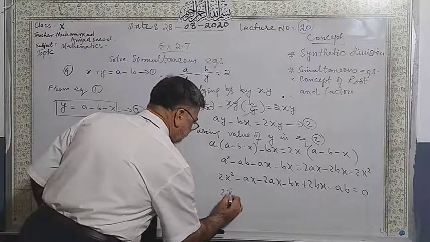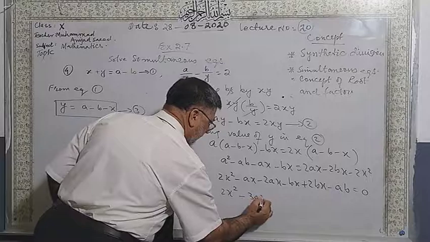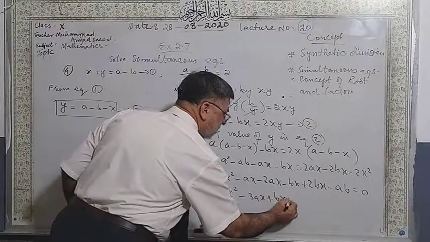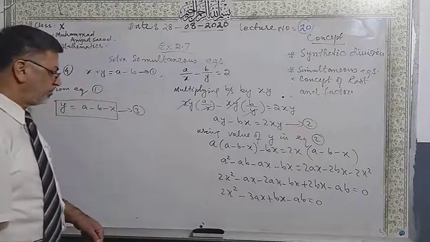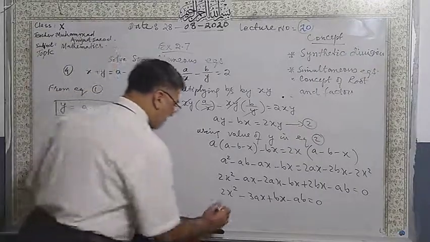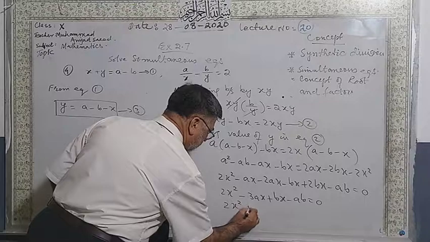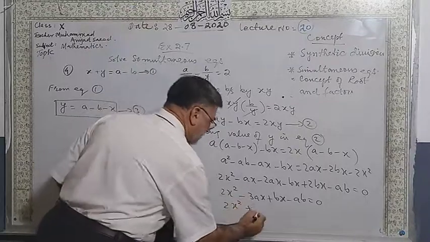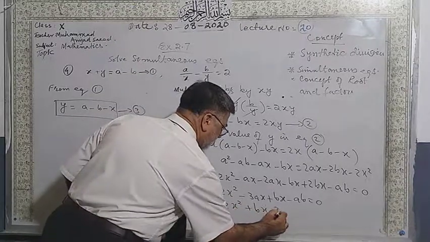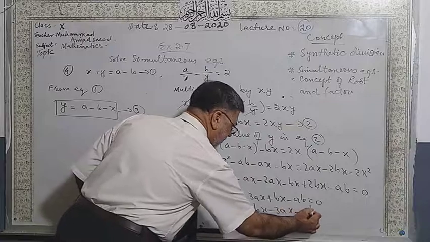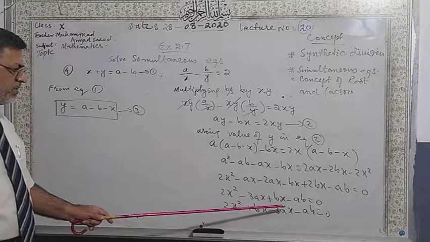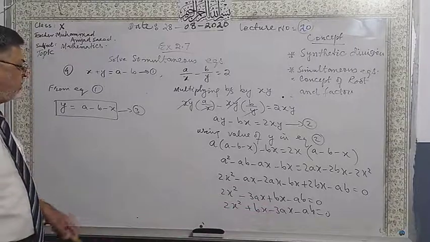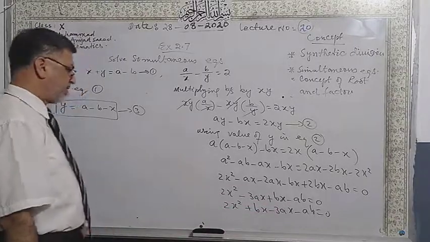2x square minus 3ax plus bx minus ab is equal to 0. You can write down the positive term first, bx minus 3ax minus ab. Actually, positive term is written first and negative afterwards so that it will be easy for you to understand the next steps.